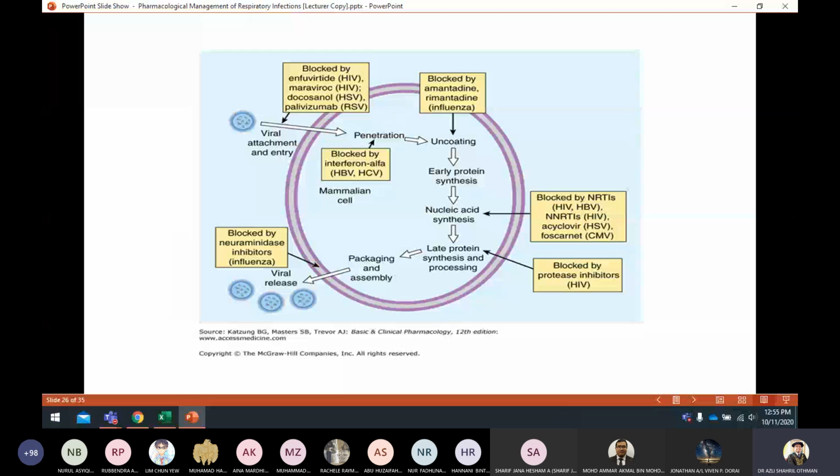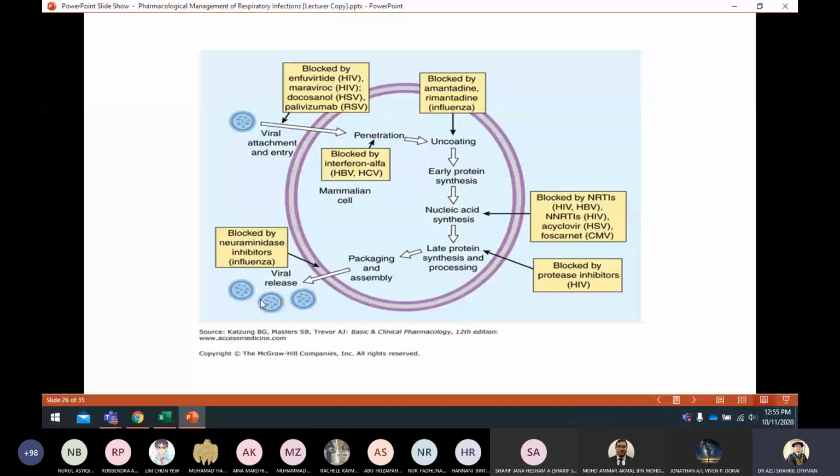Okay, I was trying to finish by 1 o'clock, but it seems that I need to take a few more minutes. So now we are going to talk about the antiviral drugs of interest in the respiratory system. You can see a few here already.